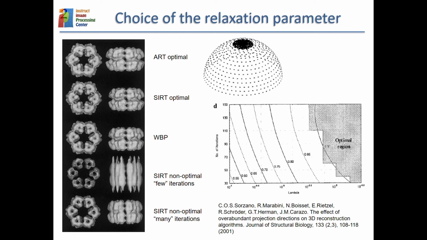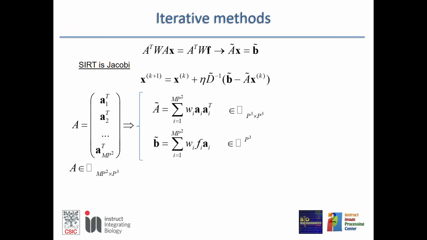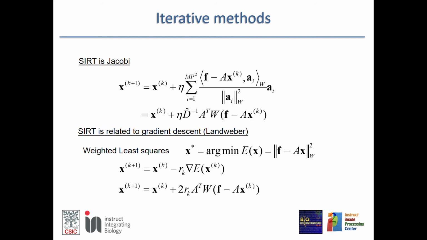In electron tomography, the SIRT algorithm is still very much used, but we normally don't play with the relaxation factor. But we should be aware that changing the relaxation factor plays a role. And yeah, we can skip all this.